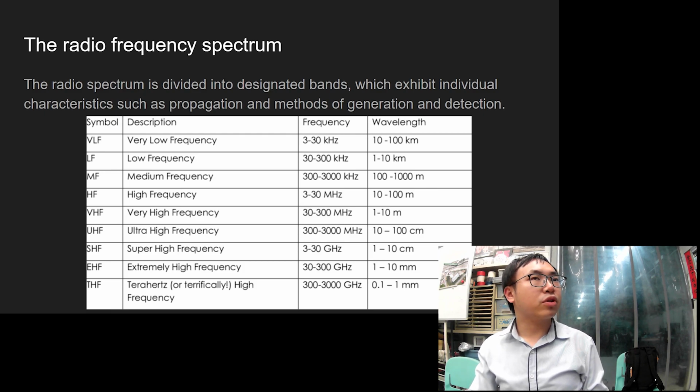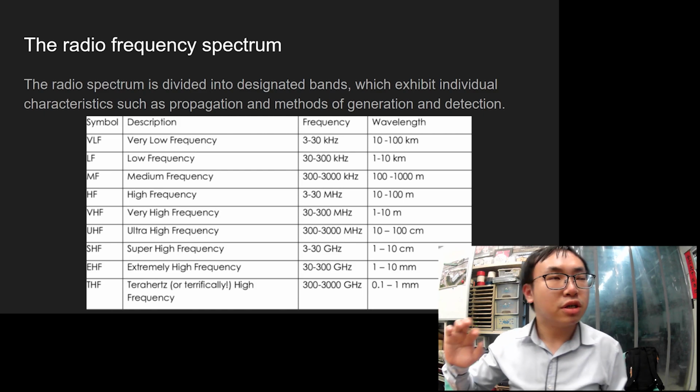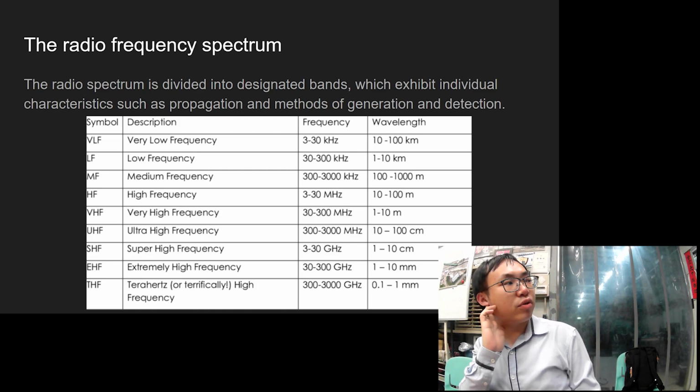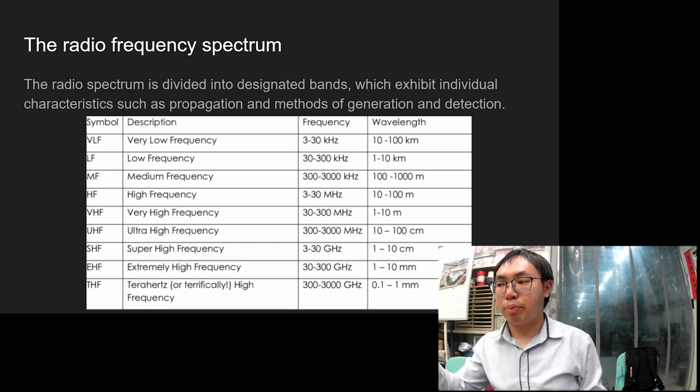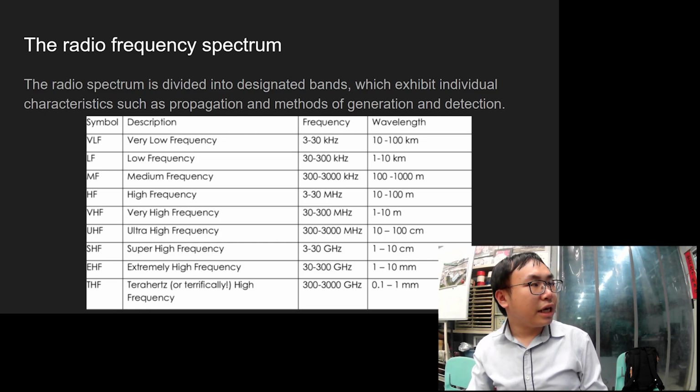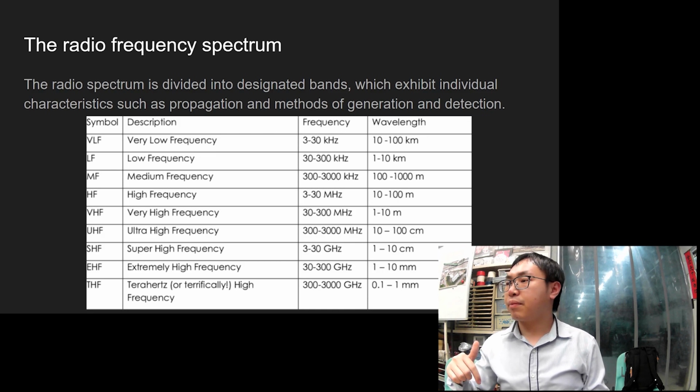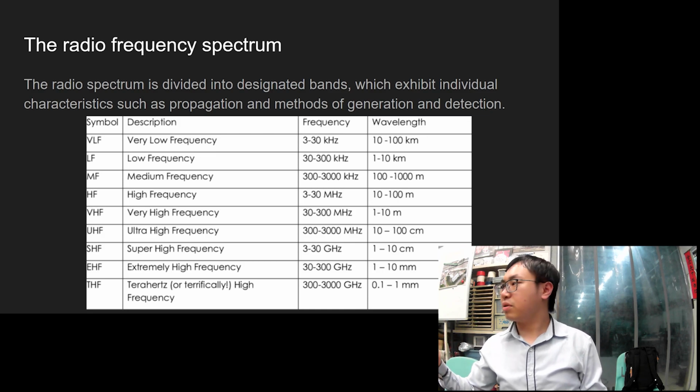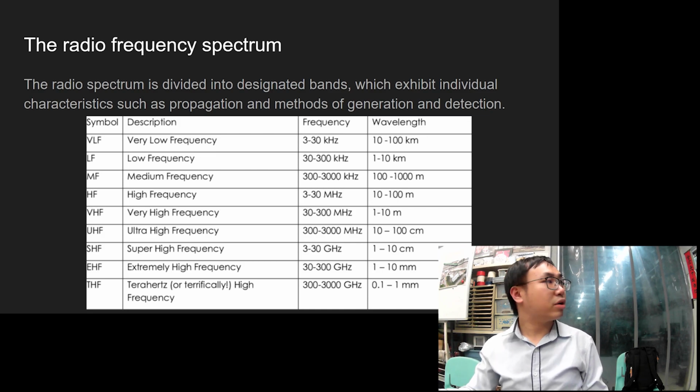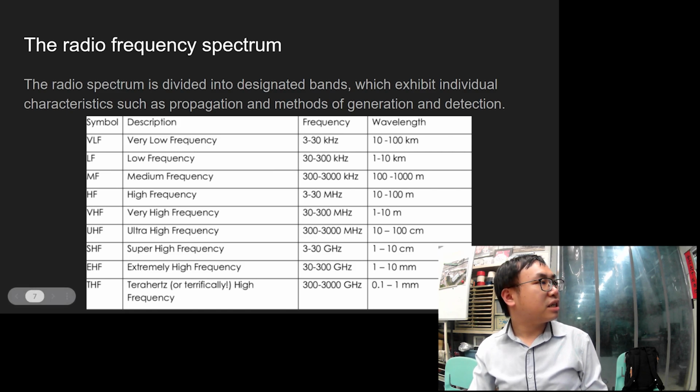We are not going to talk about the modulation here, but I can give you some more details. You guys still listen to the FM radio, right? FM radio lies here.